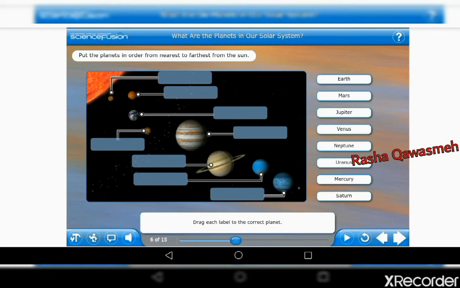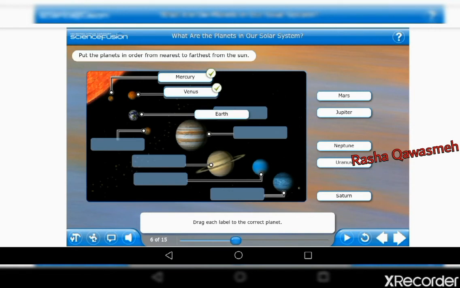So we will start from closest. Closest one is Mercury. Then Venus. That's right. Then Earth. Then Mars. Now we're done with the inner planets.